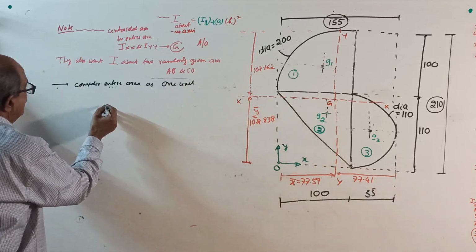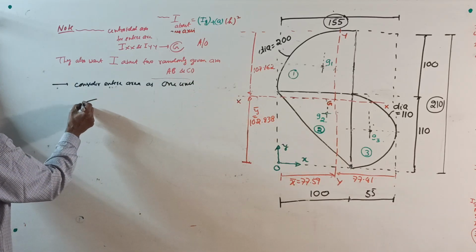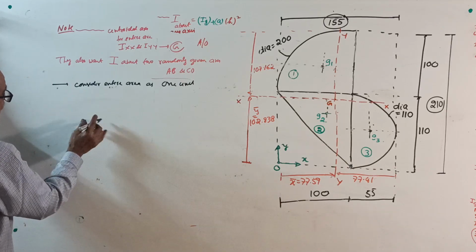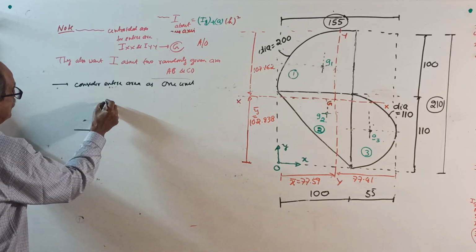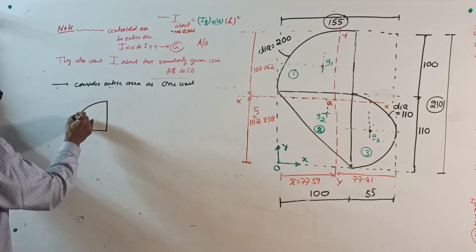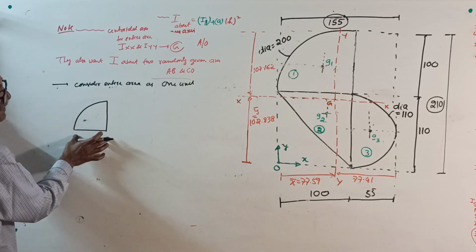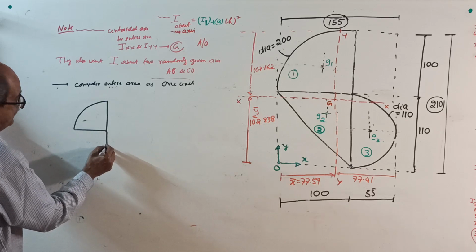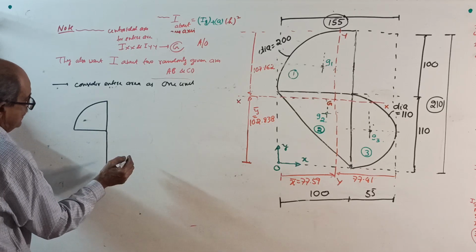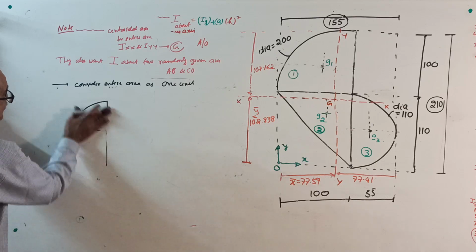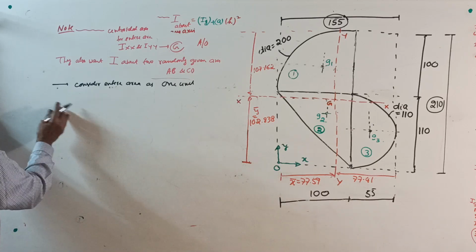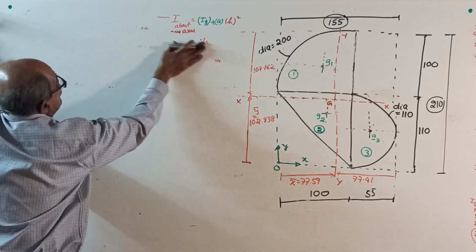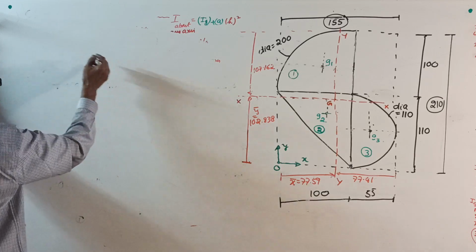Sketch it here, a rough sketch. See correctly what I am doing now. This is 100. This is 110. This side I will write. This all I will remove. Consider it entire as one unit.